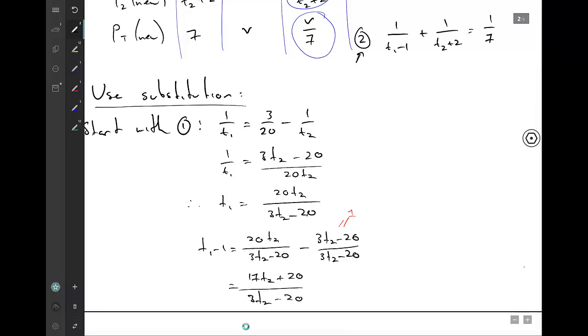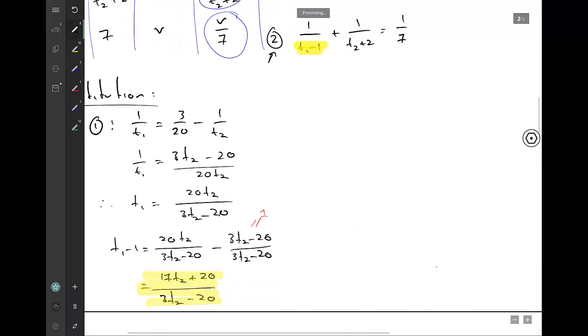Cool, and now we take this entire thing and we sub it into here. So let me move over here, just split the page a bit.